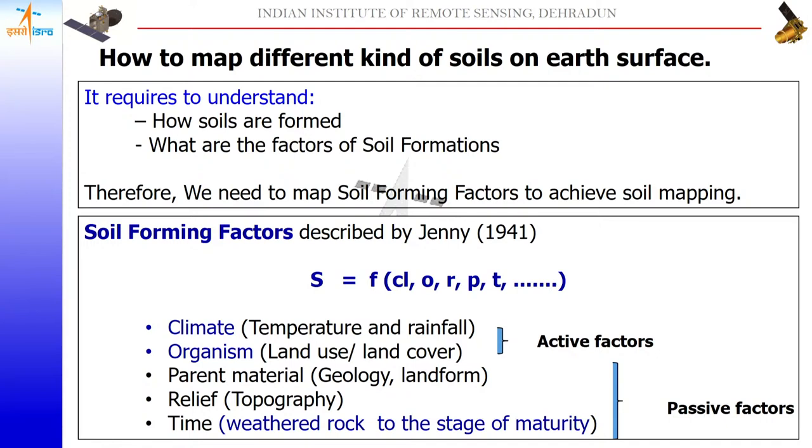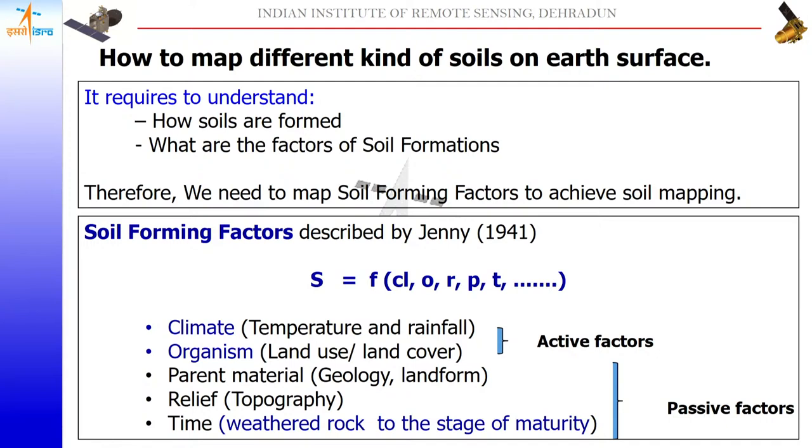So climate, precipitation and temperature are important. Organism means not microorganism, it is macroorganism, and that refers to land use land cover in the case of soil forming factors. The remaining 3 factors are parent material, that is your geology, or geomorphology or landform, relief, topography, and time, that is the weathered rock to the stage of maturity or weathering stage.